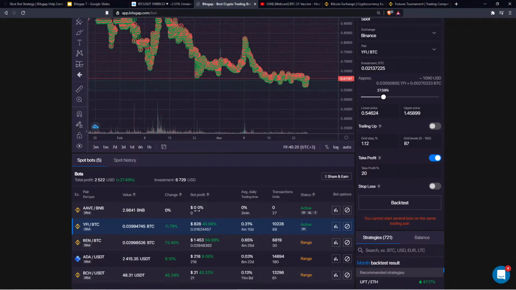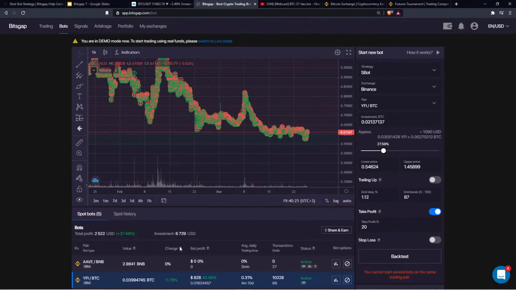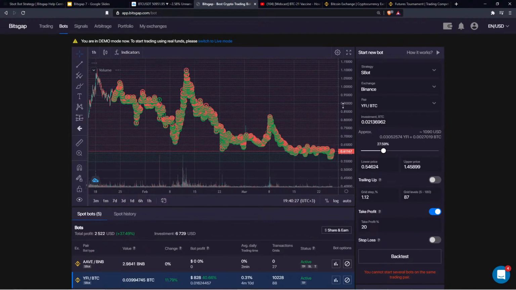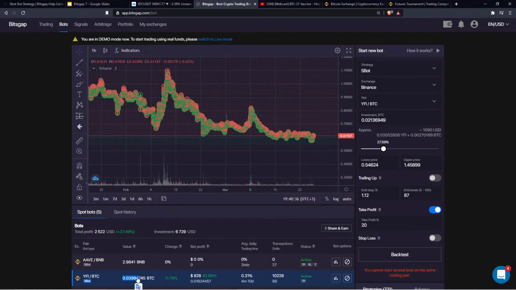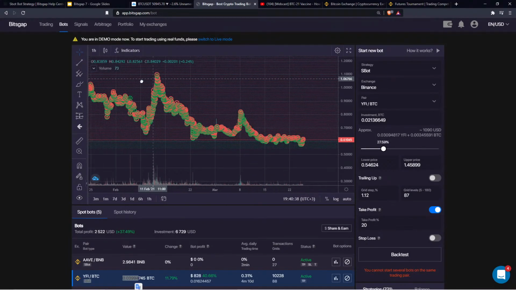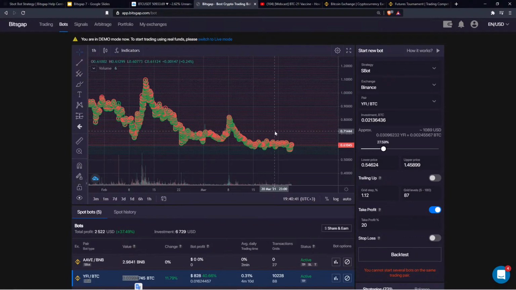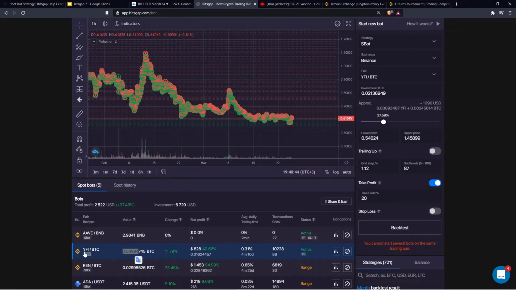Because you see, even though my bot made 40% on this cryptocurrency, as you look at the chart, you see that UFI was falling, in a long-term perspective relative to Bitcoin, the price of UFI was in the downfall, and that's why the value of UFI depreciated, and that's why my investment change is only 11%, because this 40% basically offsets the negative value change of my UFIs, you see.